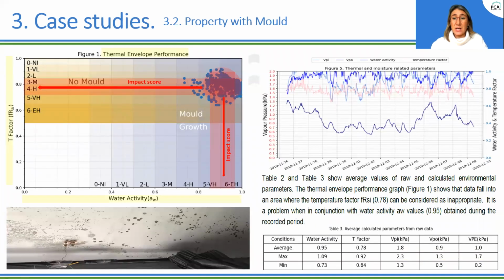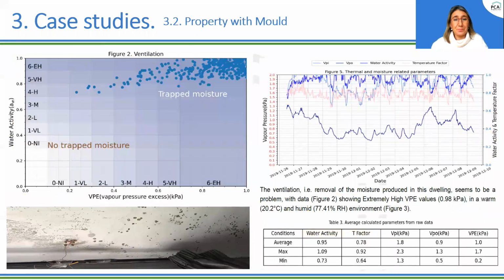You can see this again in the results from the average values, and as a whole, we are considering both. So the temperature factor value of 0.75 can be considered as inappropriate, considering all the data. And it is a problem when in conjunction with water activity values of 0.95, which is extremely high.